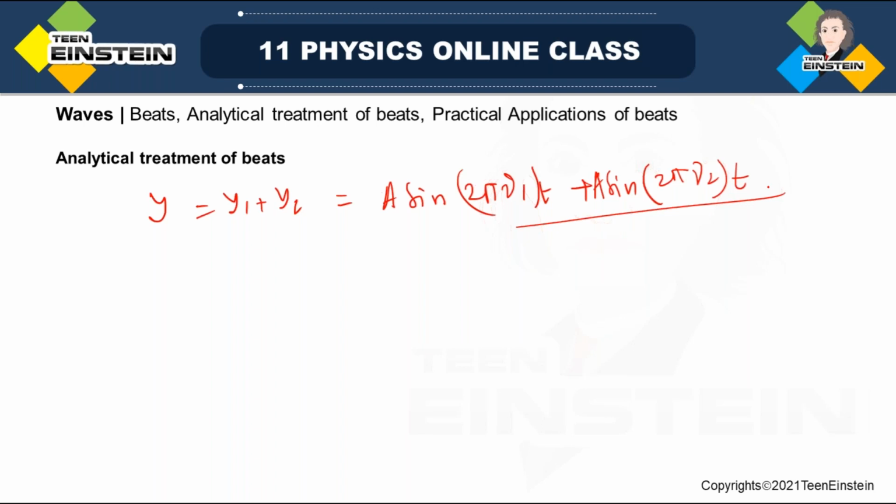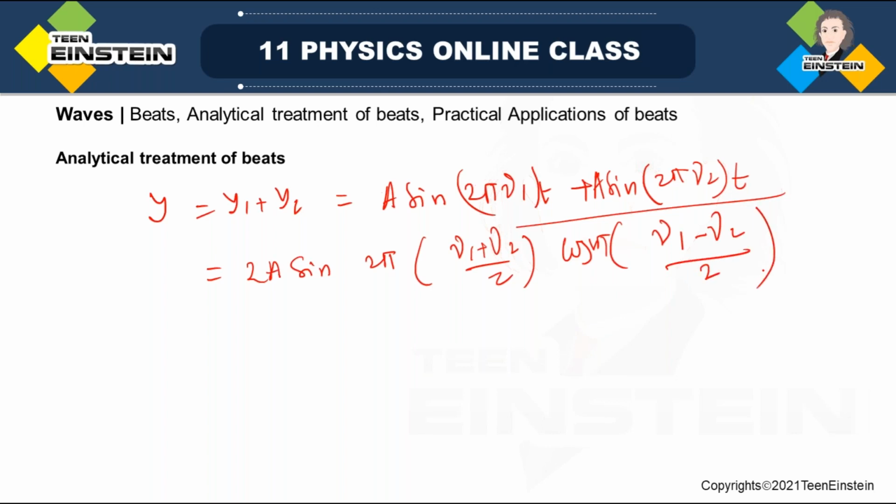We can use a trigonometric identity to make it in terms of multiplication, so we get 2a sin(2 pi (nu1 + nu2)/2 t) cos(2 pi (nu1 - nu2) t). This is what we get upon superposition.